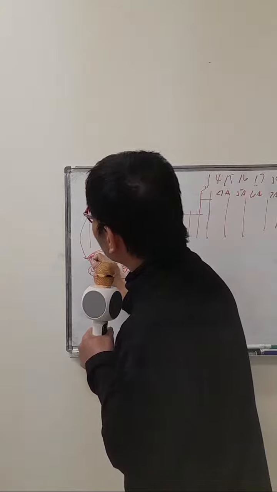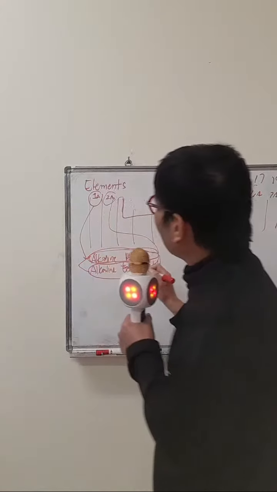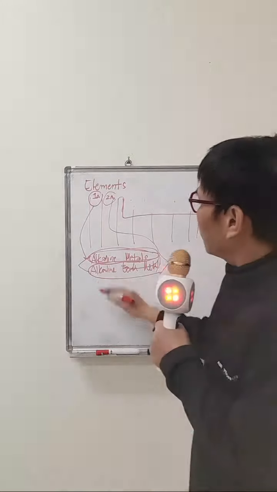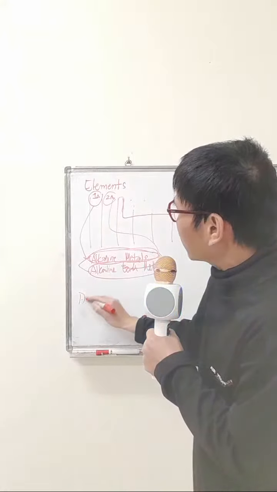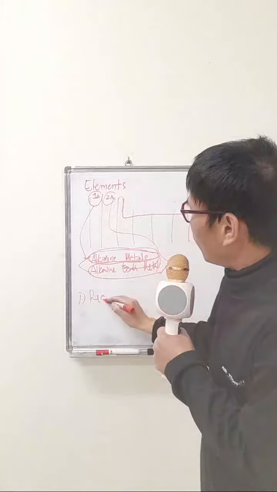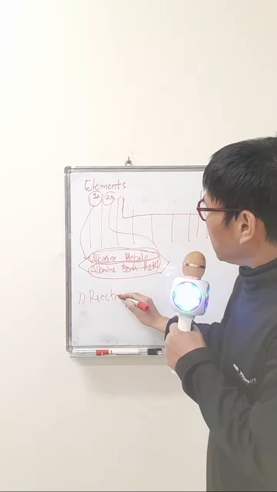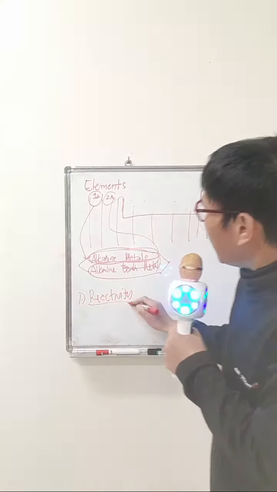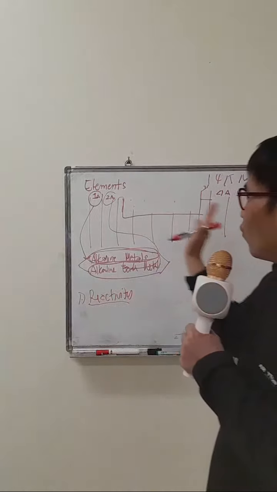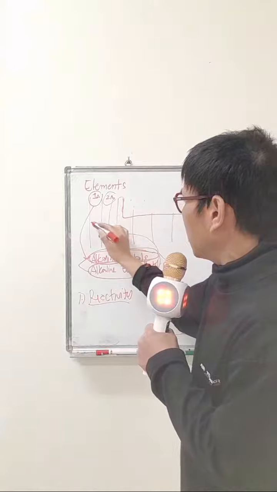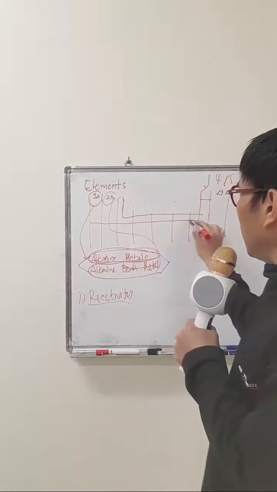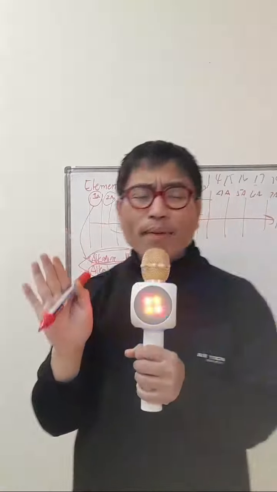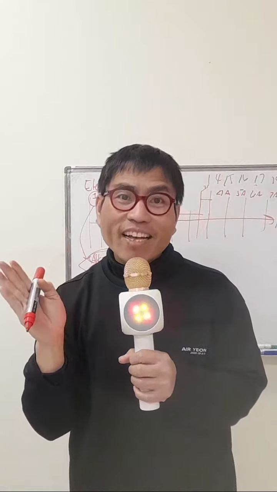Now in this discussion we can point out reactivity, which refers to the chemical properties of the elements. As we go from left to right, the elements will become more reactive.